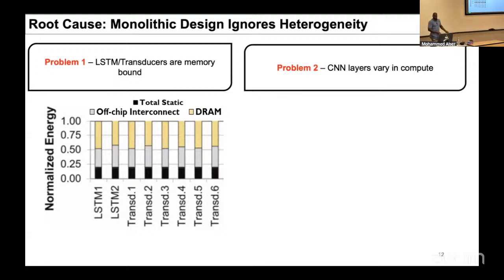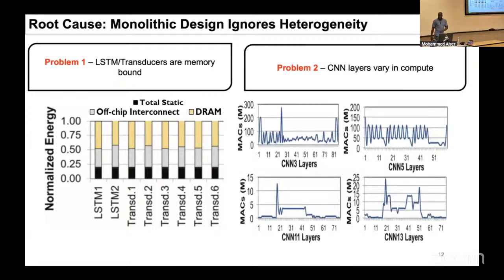The second problem is that if you think about CNN layers, you find different MAC operations, or different compute values, across different layers. For example, look at layer 21 here in this CNN3 layer, and look at this. They have very different MAC profiles.